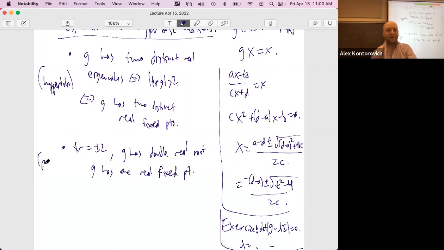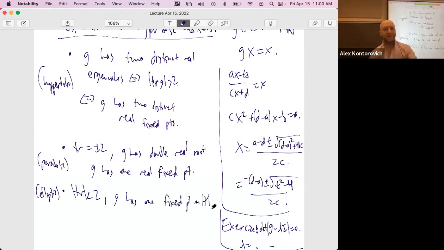And these are the parabolic transformations. Or the trace in absolute value is less than 2. And this is elliptic. Complex. It has one fixed point in the upper half plane and one in the lower. G has one fixed point in the upper half plane.